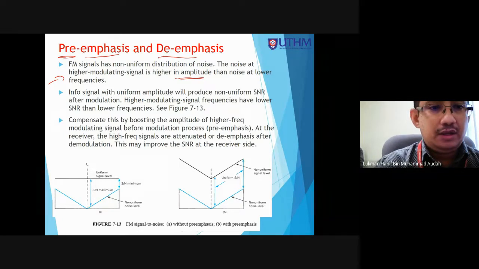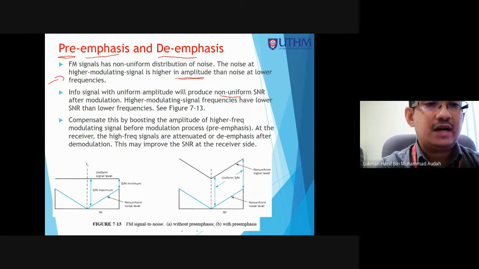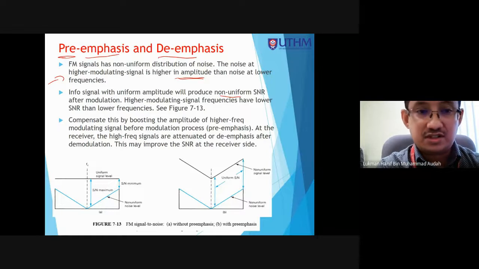So, information signal with uniform amplitude will produce non-uniform SNR after modulation. Higher modulating signal frequency have lower SNR than the lower frequencies.